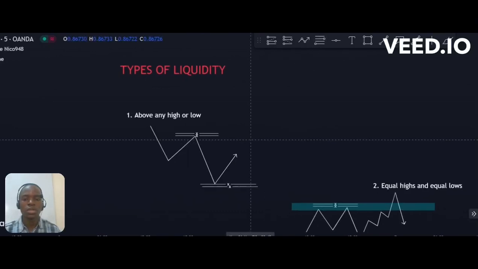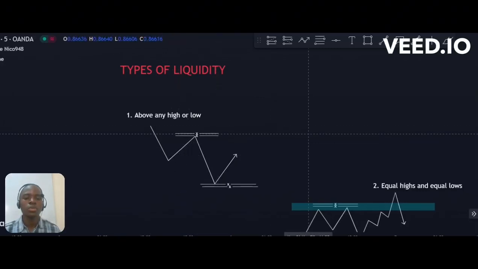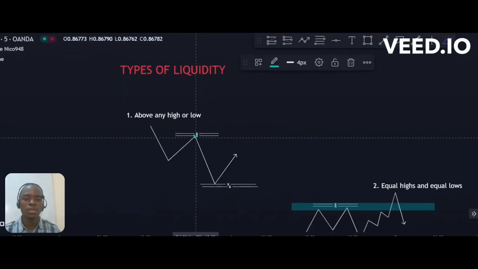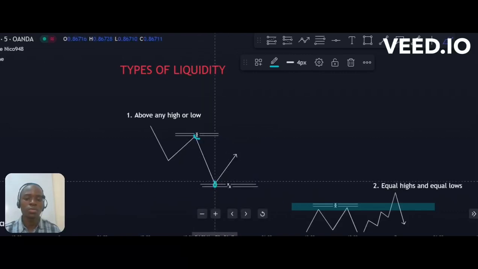Number one is the area above any high or below any low. Like you can see here, we have this high, this one is a lower high, and this one is a lower low.